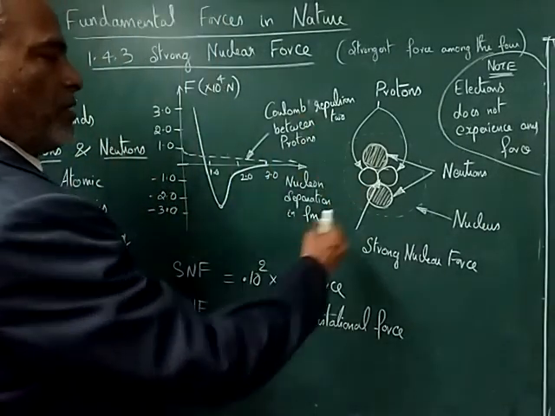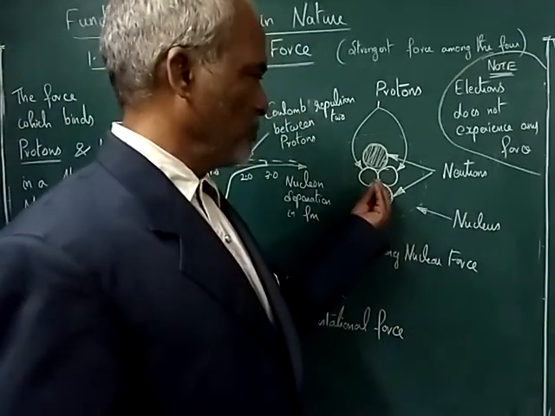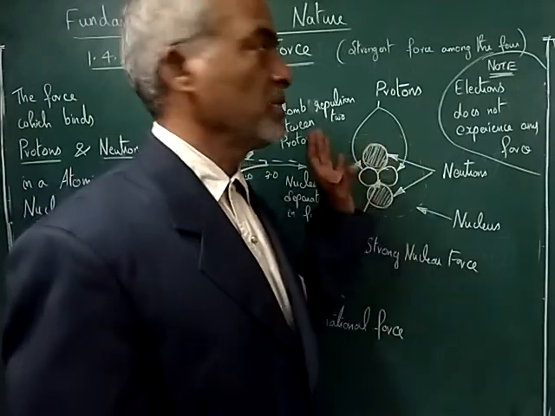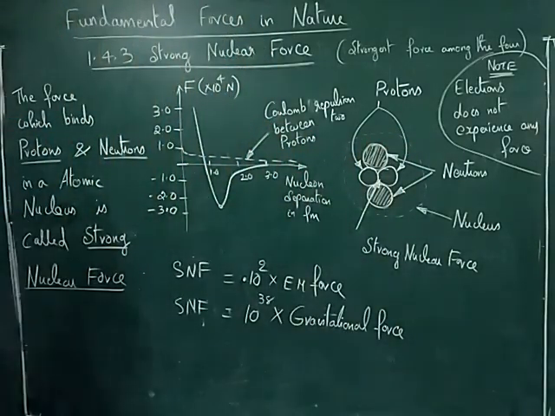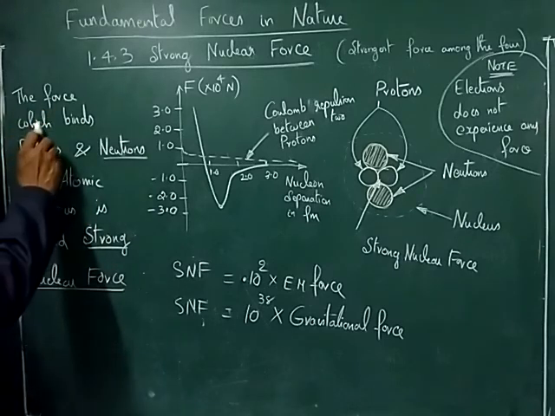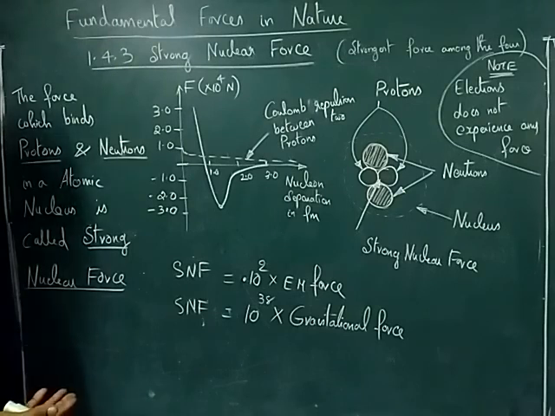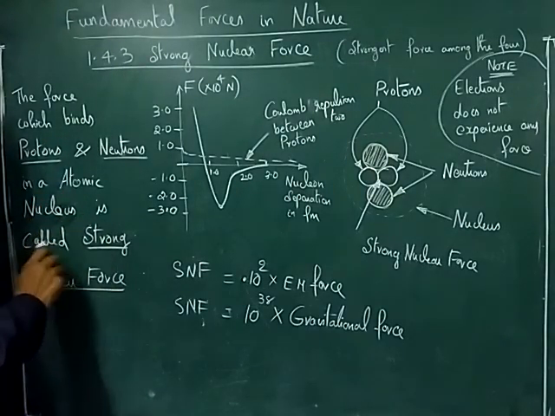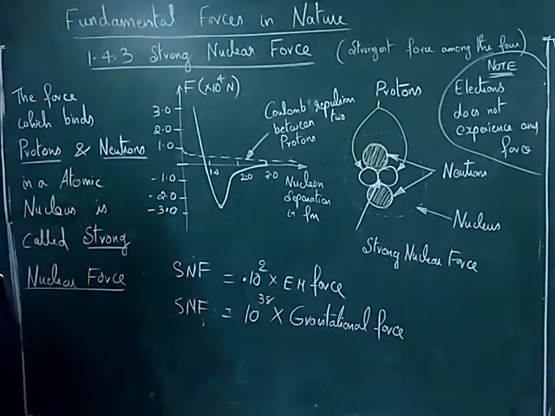Now we will define it. A strong nuclear force exists between nucleons within the nucleus. The force which binds protons and neutrons, which we call nucleons, together in an atomic nucleus is called the strong nuclear force. So this is the definition.